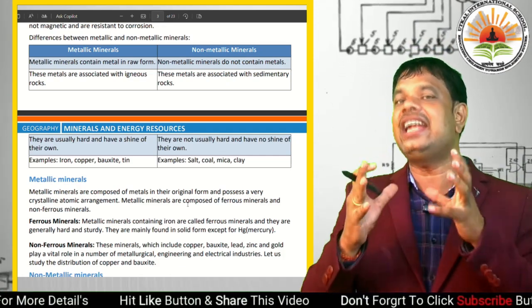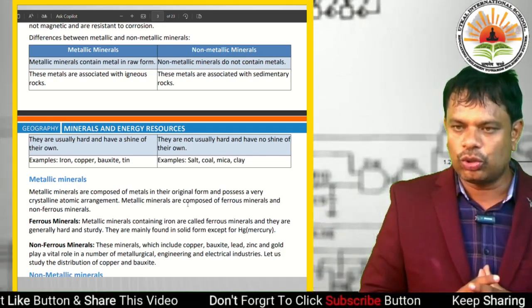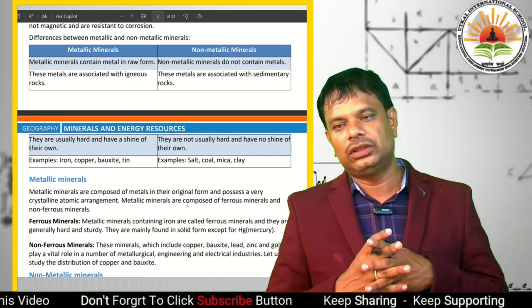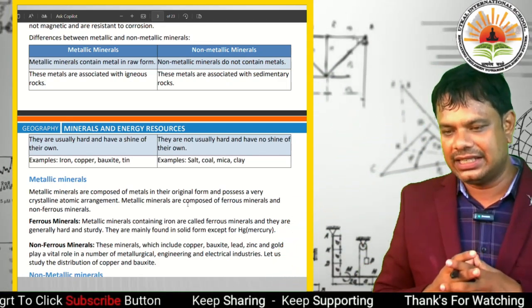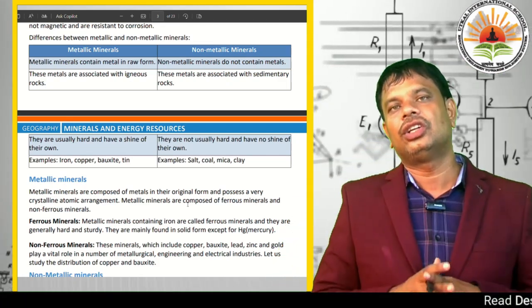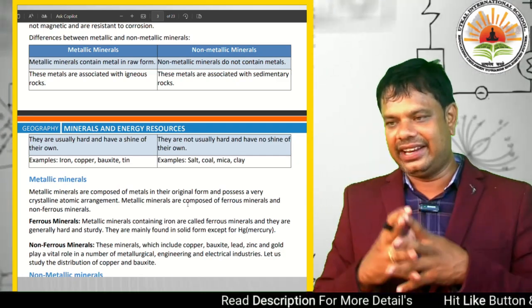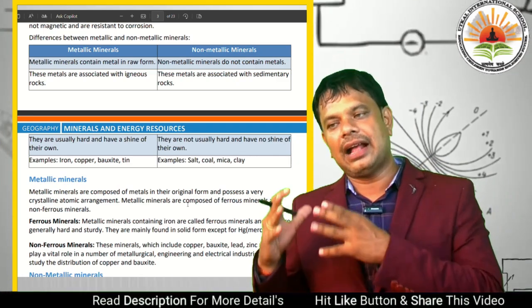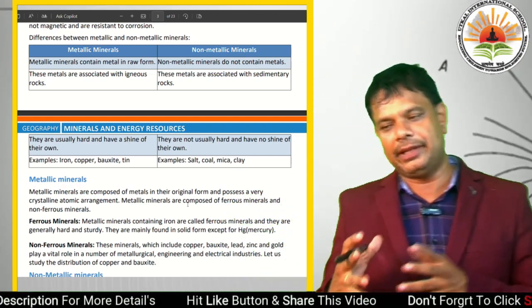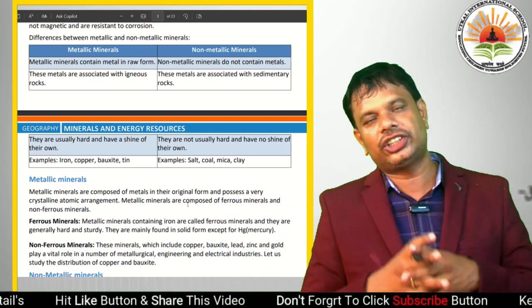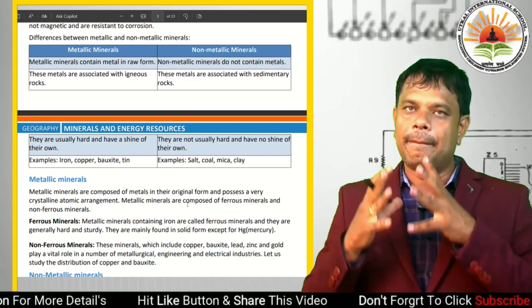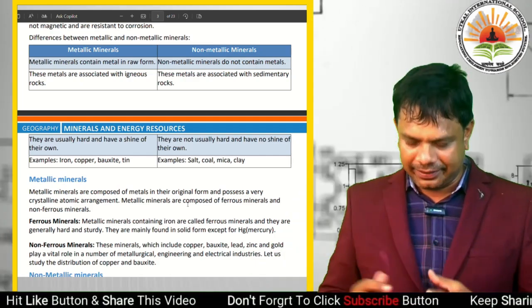They are not shiny materials. So examples of metallic minerals are iron, copper, bauxite and tin. And examples of non-metallic minerals are salt, coal, mica and clay.